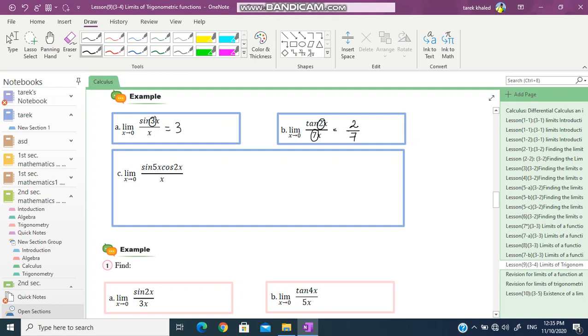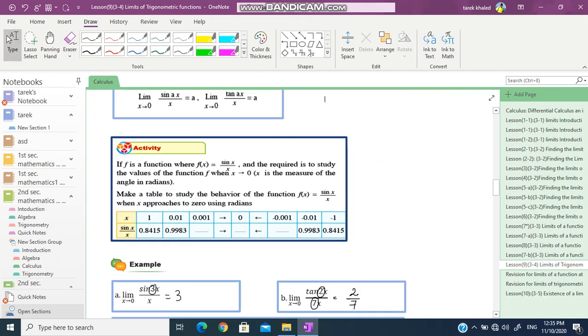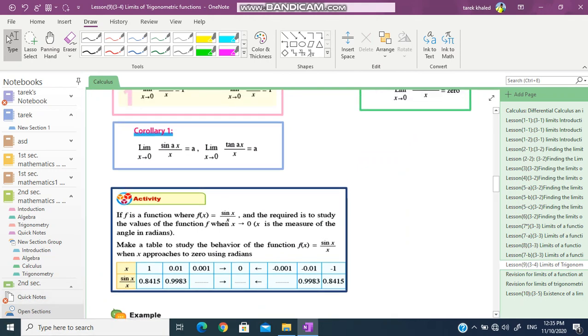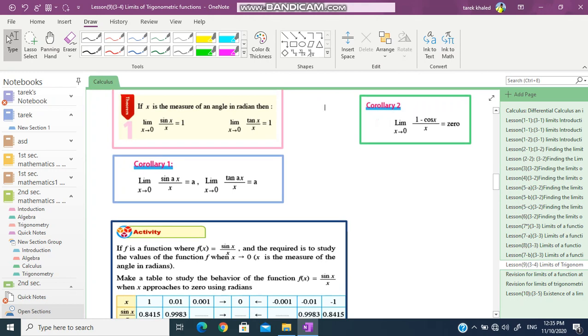If you have this example, the limit as x approaches 0 of sine 5x cosine 2x over x, look to the theorem. Sine ax over x and tan ax over x are covered, but cosine is not.